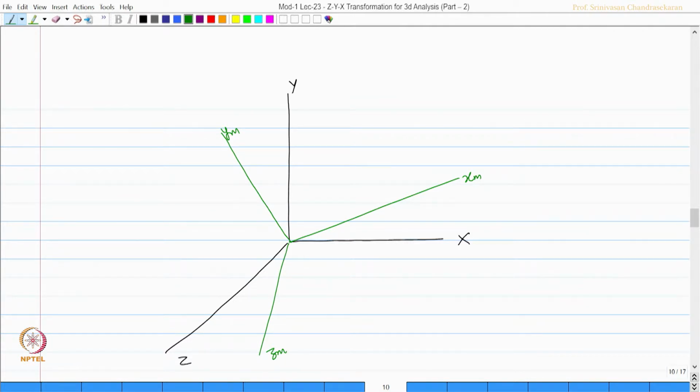Let us also have the transformed axis y beta and z beta.